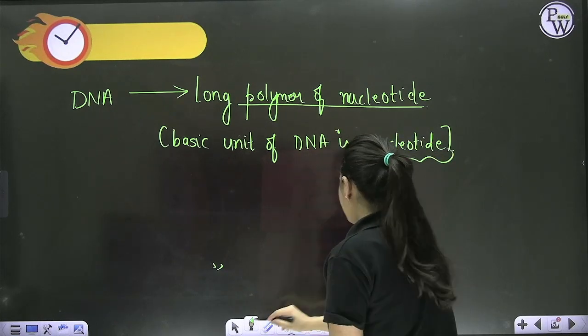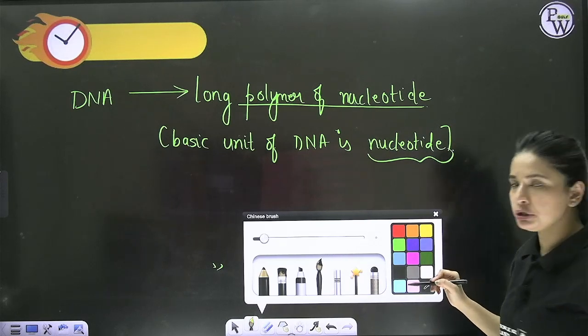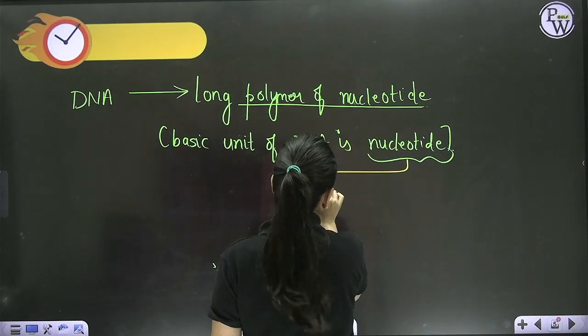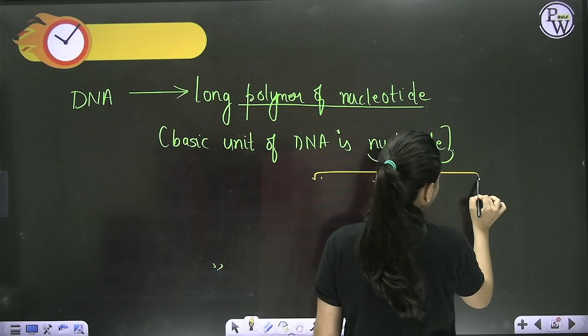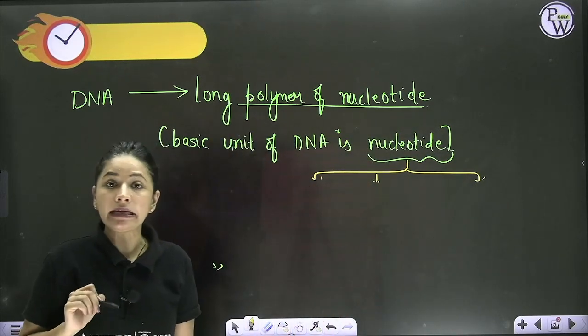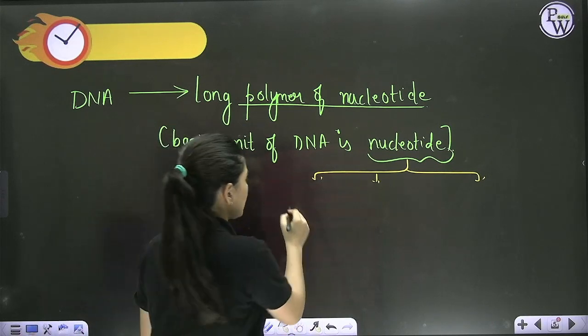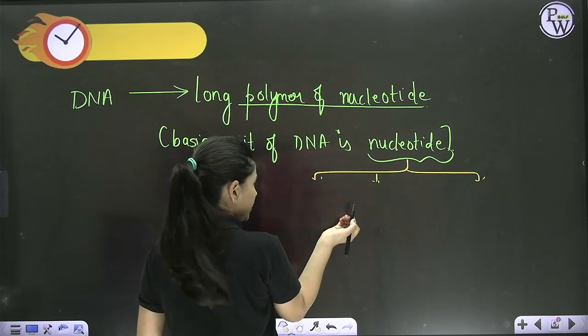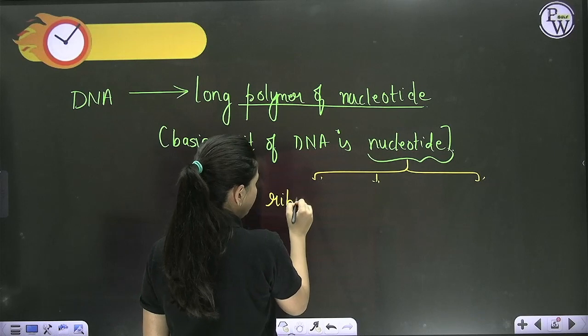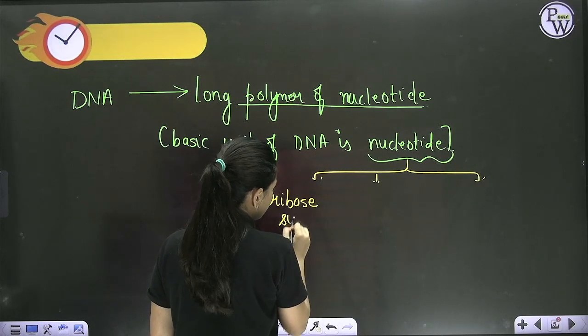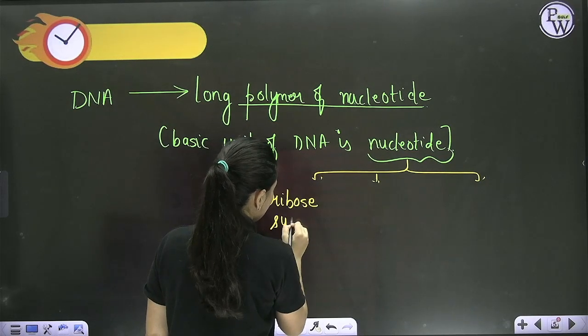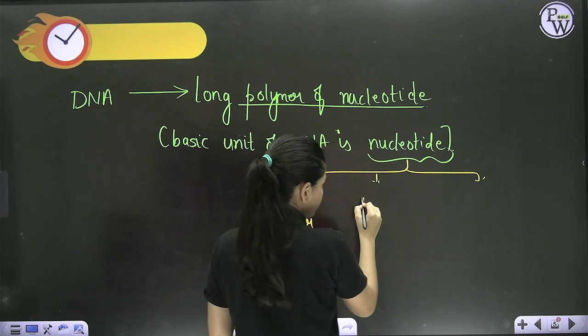So basically, beta, each nucleotide is made up of how many components? 3 components. Those 3 components are the sugar, which is the ribose sugar, a 5-carbon sugar. Then the nitrogenous base.